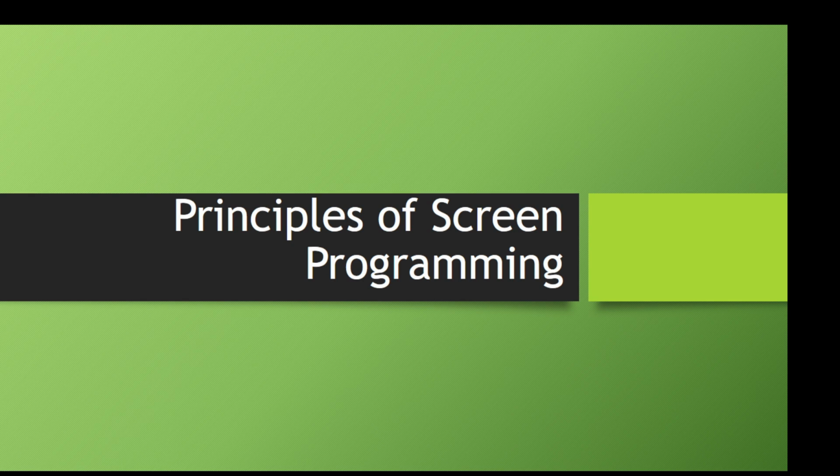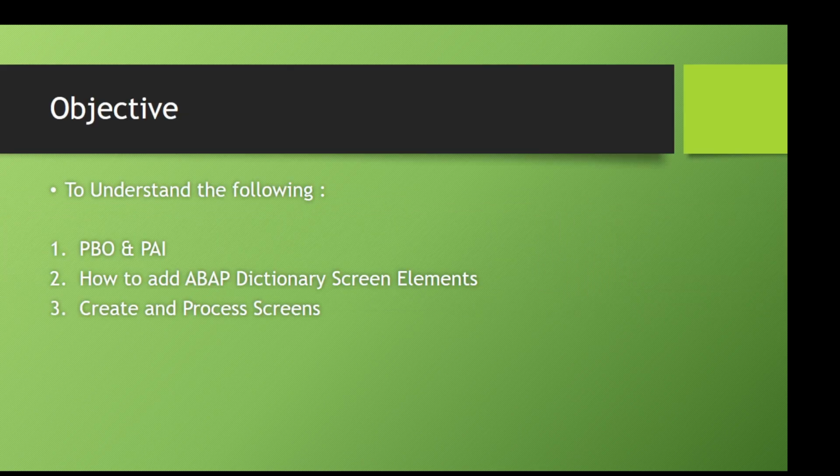Today we will discuss the principles of screen programming in our module pool programming series. So let's begin. First of all, let's find the objective of this video. In this video, we will understand the PBO and PAI, that are the process before output and the process after input events.